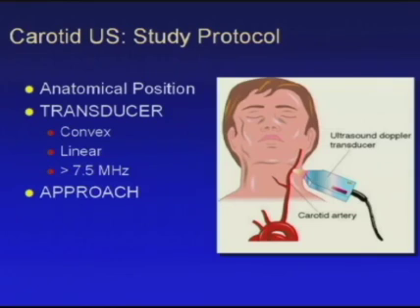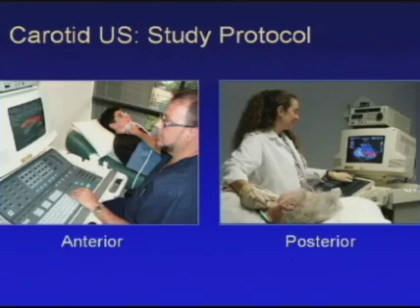The approach could be anterior or posterior to the sternocleidomastoid muscle. We recommend the anterior approach in young patients. We can obtain a very good depiction of the vessels. In elderly patients, the posterior approach can offer better depiction of the carotid arteries.